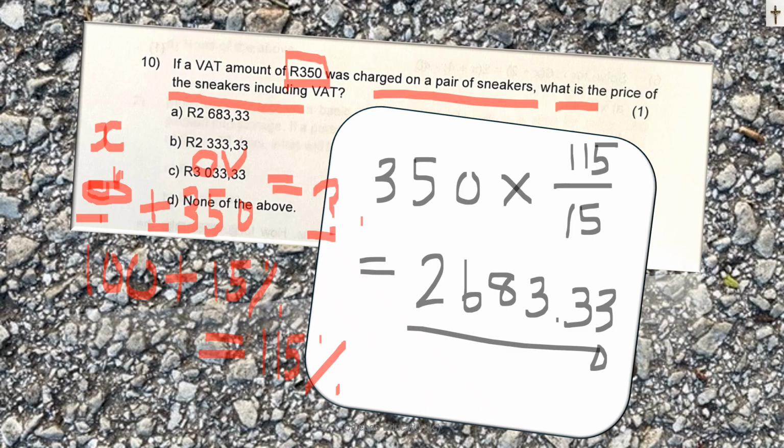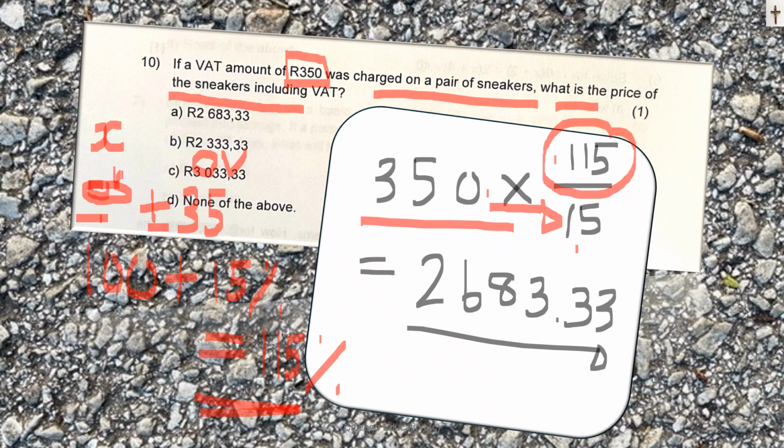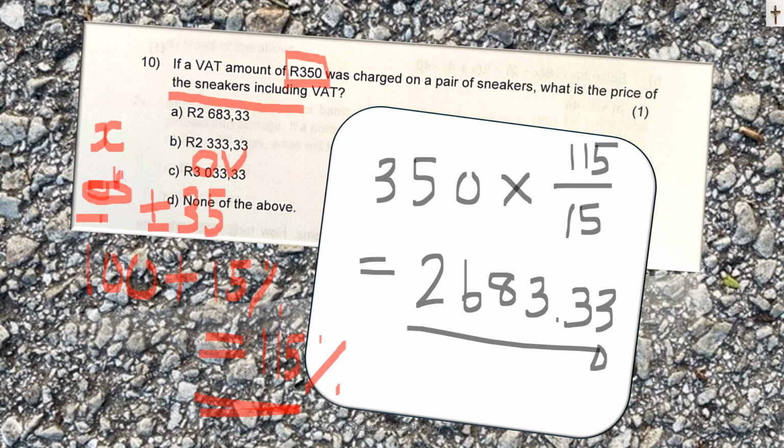Now we can use a fraction in order to calculate the VAT amount plus, or the selling price including VAT. We take the VAT amount. We want to get to the 115%, and the 350 represents 15% of the price. We want to get to 115%, and we're given 15%, which is 350. So my point is here, you can say the VAT amount, 350, we're working towards the VAT inclusive amount.